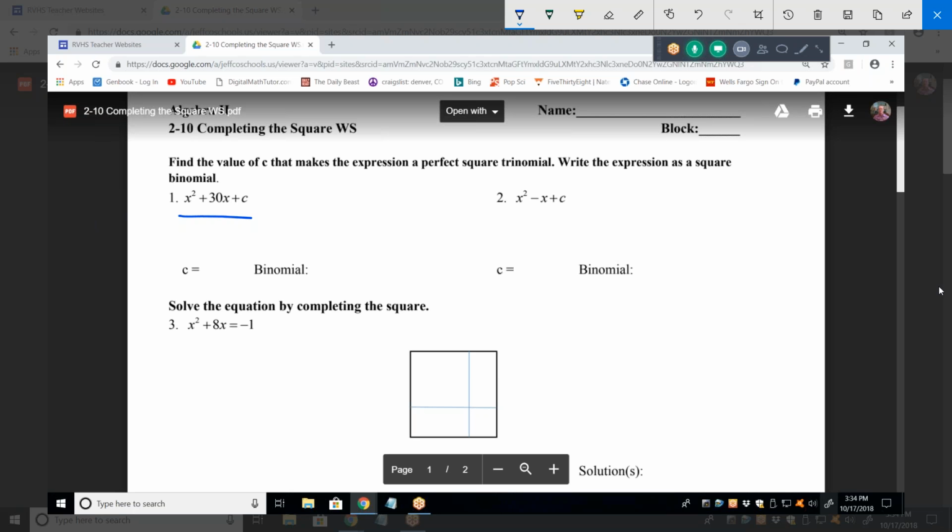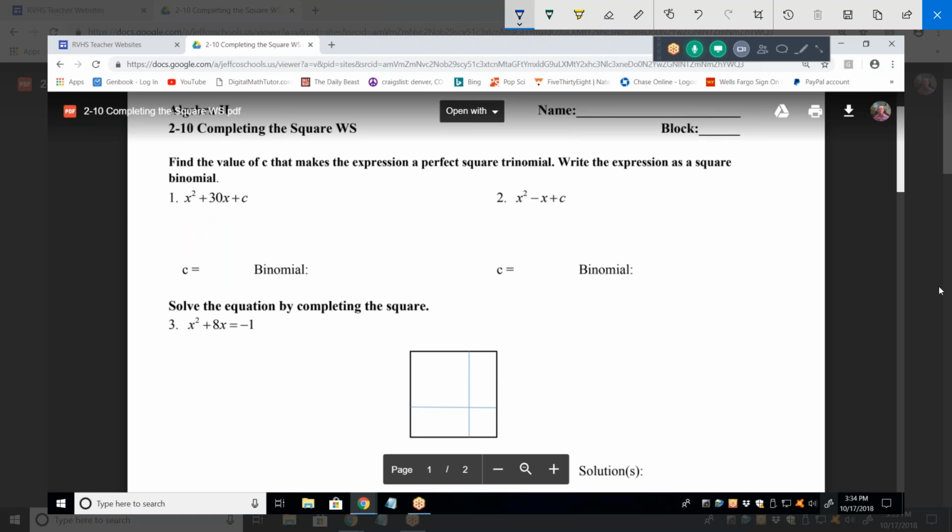So there is some C that makes that a perfect square trinomial, which means that I can make it be x plus some a squared. Okay, so that's what a perfect square trinomial is. And that's what you're always doing when you complete the square, is you are making a perfect square trinomial.